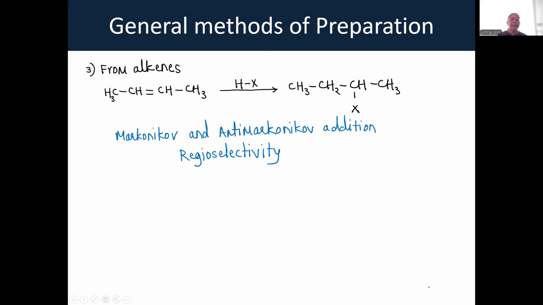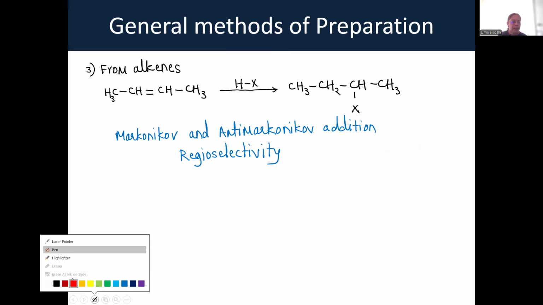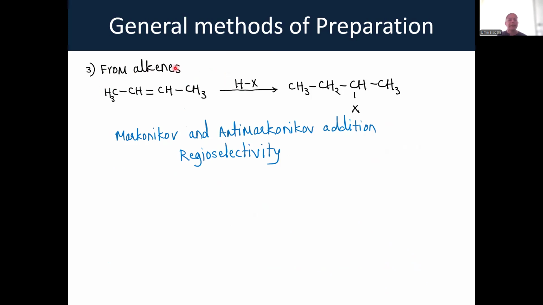Going to the next method of preparation, that is from alkenes. Any alkene, when it is treated with HX, accepts a proton. The double bond accepts a proton and then X is substituted. So alkenes undergo addition reaction in presence of HX to give alkyl halide. Now, this addition reaction can happen in a Markovnikov way or anti-Markovnikov way. These two words, I suppose, are familiar to you.